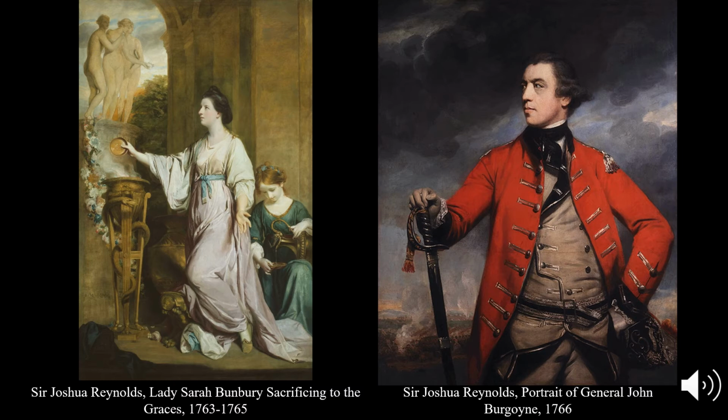Showing them at a distance from public life, not participating in public life, but in this kind of other realm. They're placed, as Sarah Bunbury is here, in the distance of time, or in the unthreatening costume of a pagan goddess, in order that they're removed from being actors, right, in their own moments.